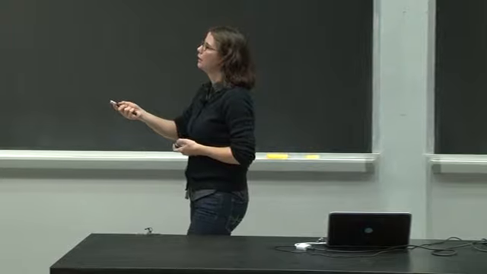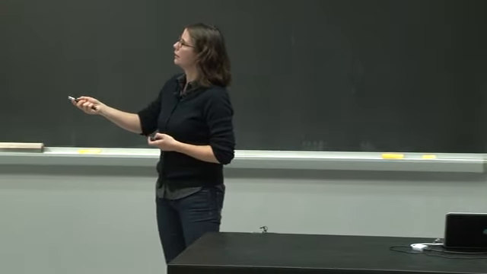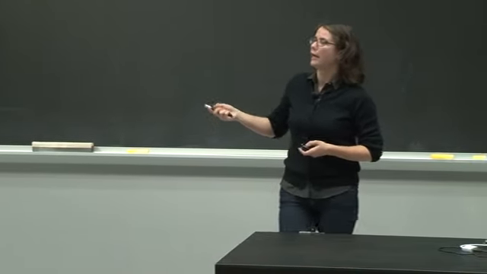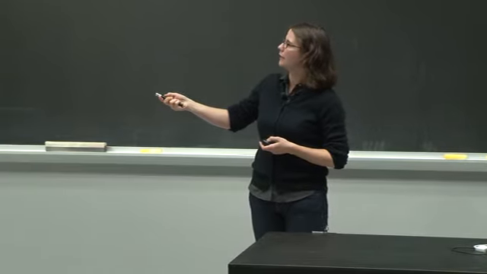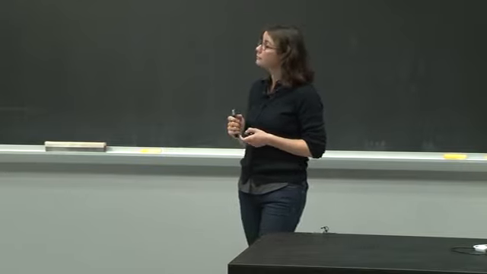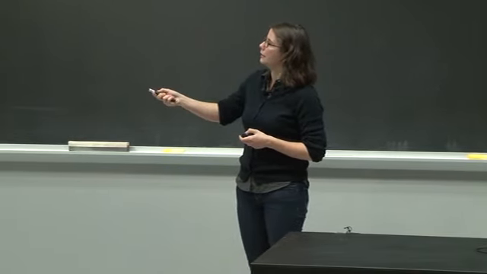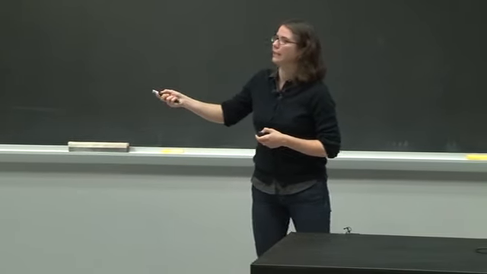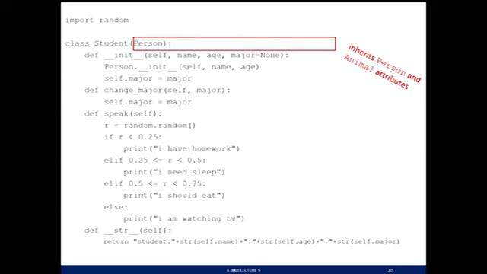Okay? So student has been initialized to be a person. And additionally, we're going to set another data attribute for the student to be the major, and we're going to set the major to be none. The student is going to get this setter here, the setter method, which is going to change the major to whatever else they want if they want to change it.